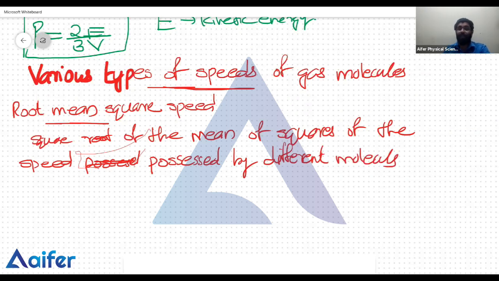That is the definition. So the definitions are very important. Sometimes theoretical questions come. That's why I'm introducing that definition. Square root of the mean of squares of different speeds possessed by all the molecules.